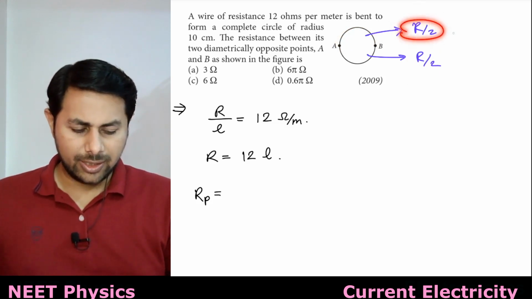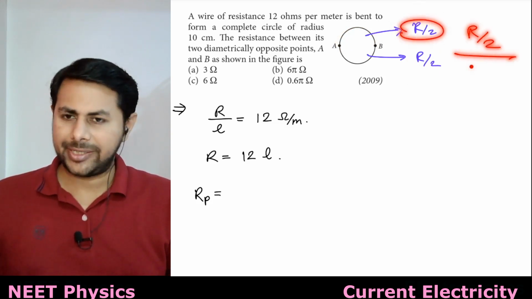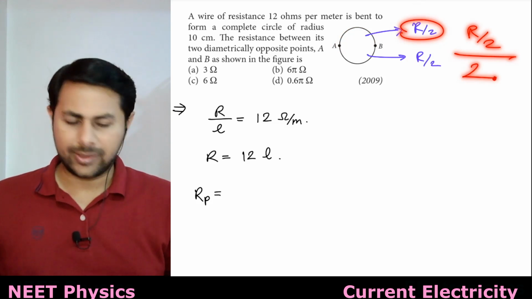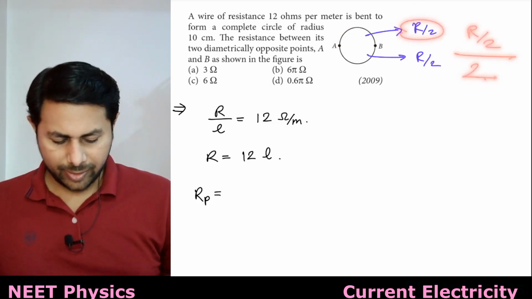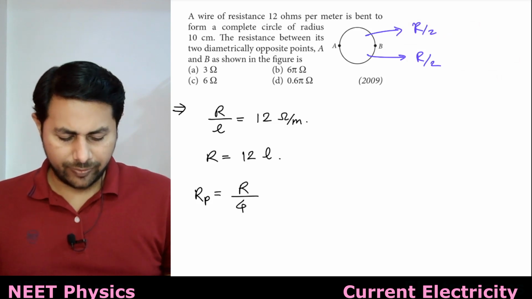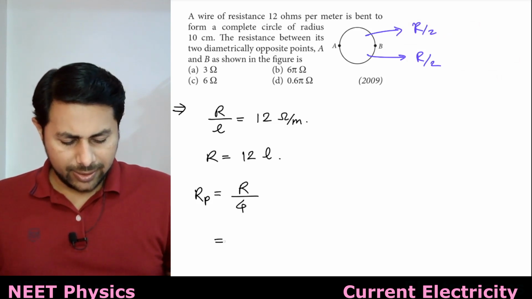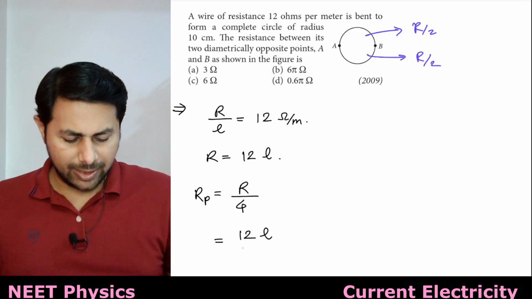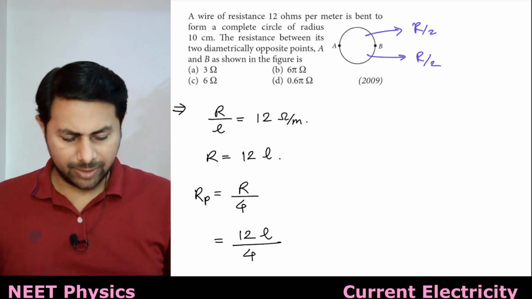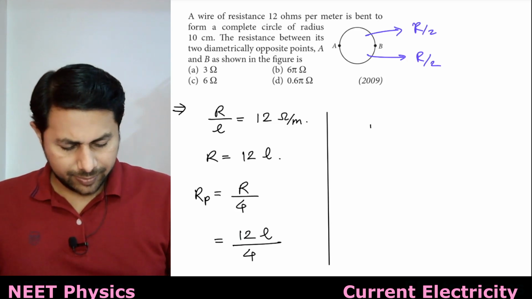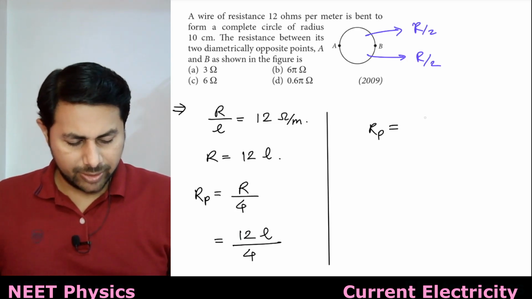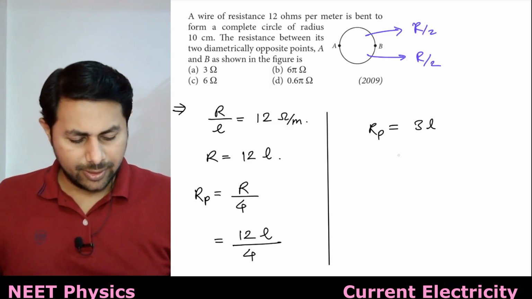So that is R by 2 divided by 2 resistors, so it will be R by 4, right? But what is R? R is equal to 12 times L. You have 12 times L divided by 4, and that is Rp is equal to 3 times L.